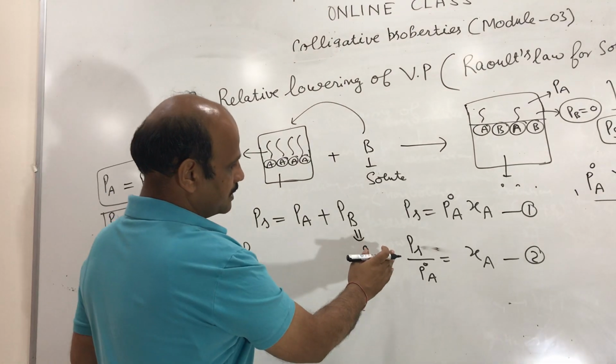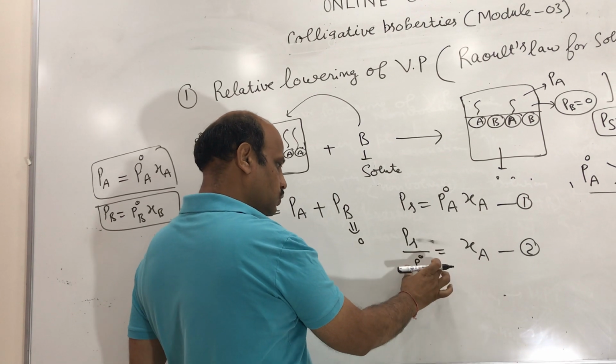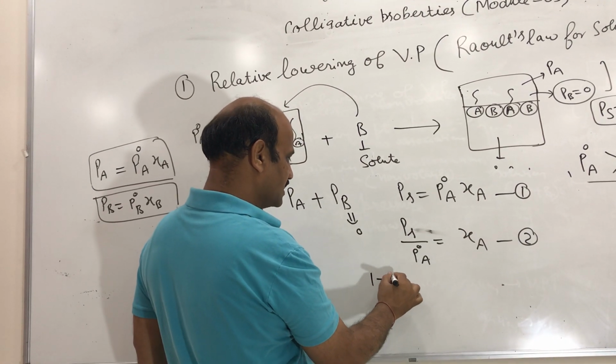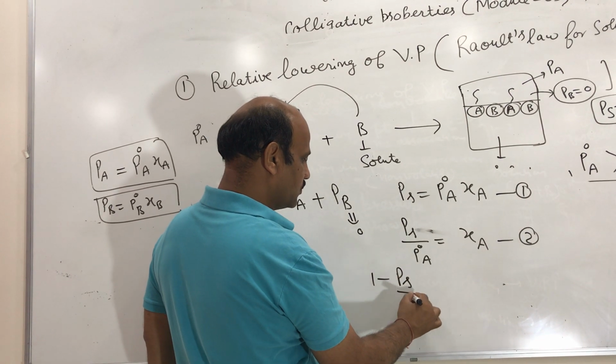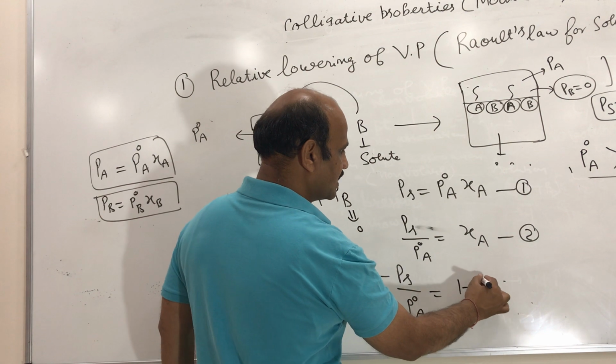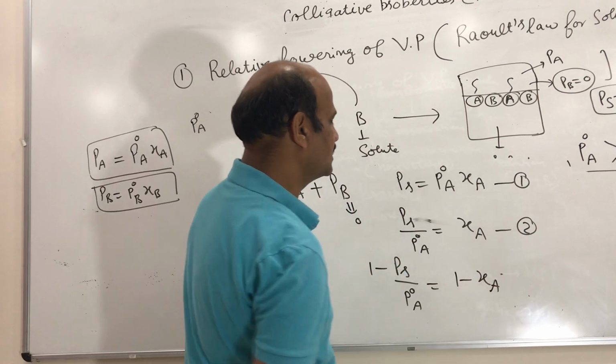Now you subtract these two quantities from 1 on both sides. 1 minus PS upon P naught A equals 1 minus XA.